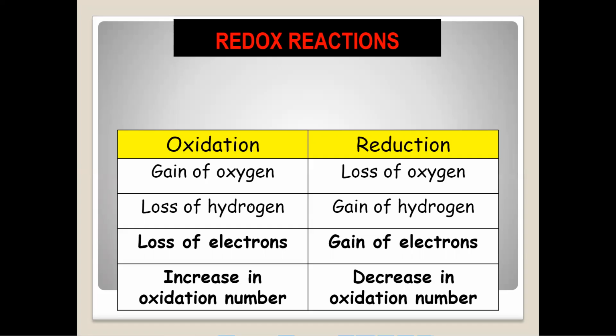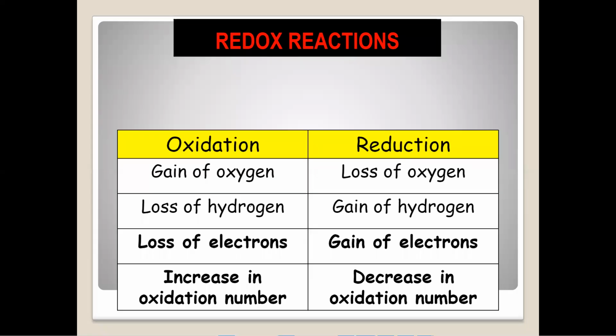Looking at the different types of reaction, they noticed that electrons were being lost and gained. And so they defined oxidation as a loss of electrons and reduction as gaining of electrons. But is that always the case? No. And so we are now at this point where they define oxidation as an increase in oxidation number and reduction as a decrease in oxidation number.